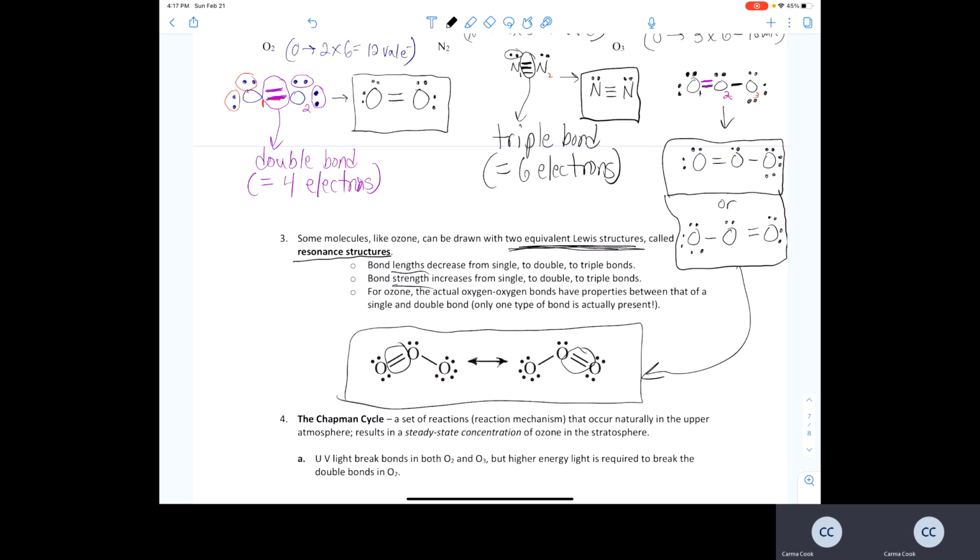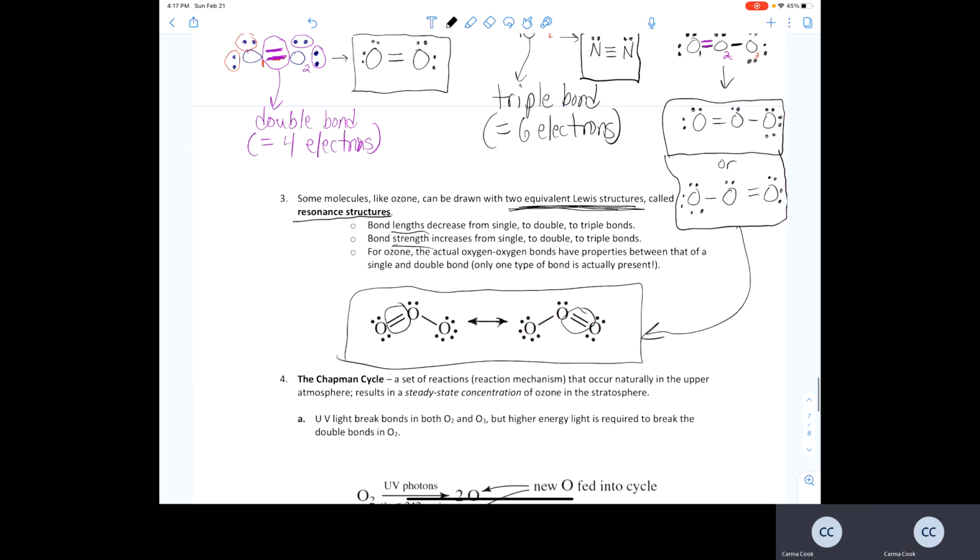So therefore, a single bond is longer than a double bond, and a double bond is longer than a triple bond. However, a triple bond is stronger than a double bond, and a double bond is stronger than a single bond.